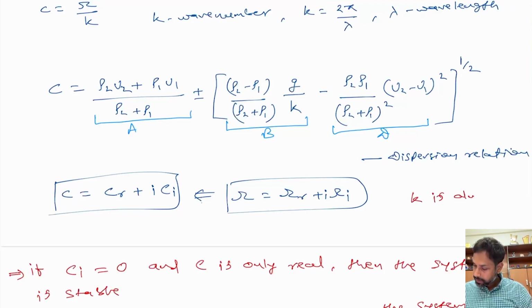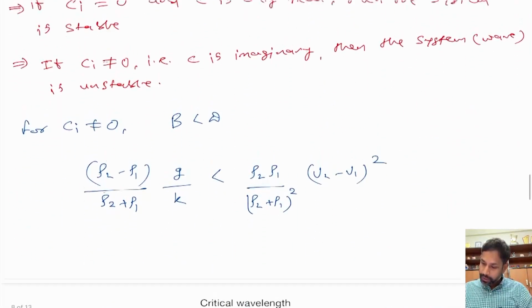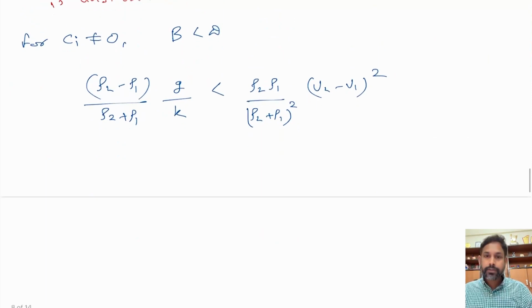So this is the criteria we get for the system to be unstable.